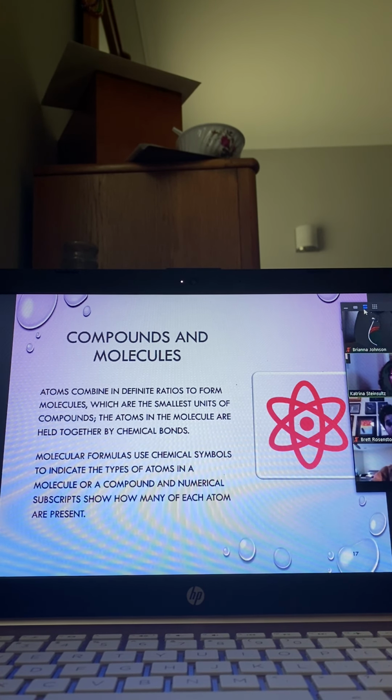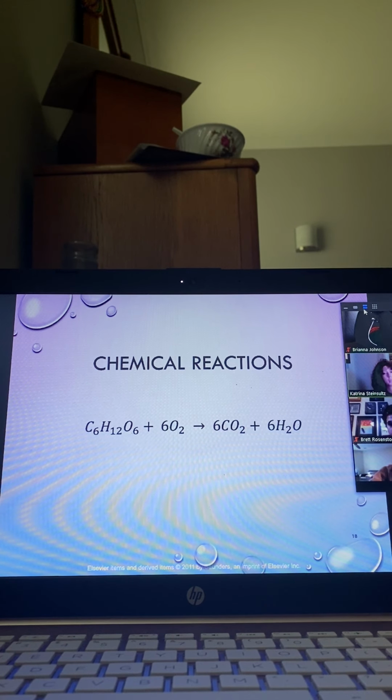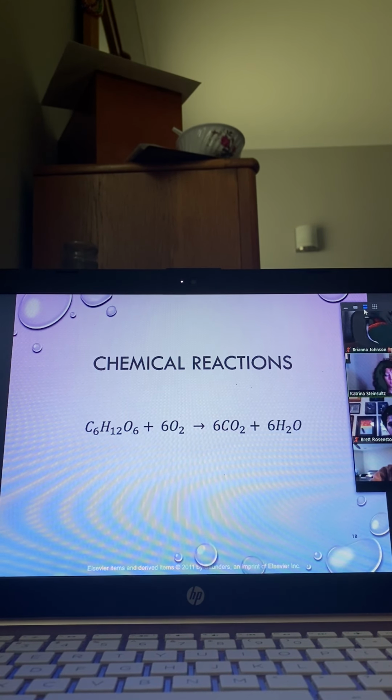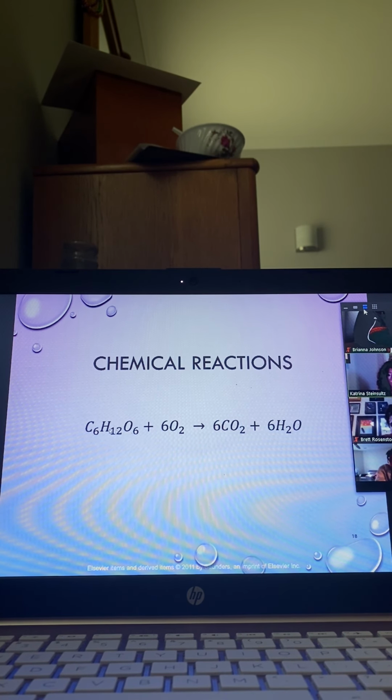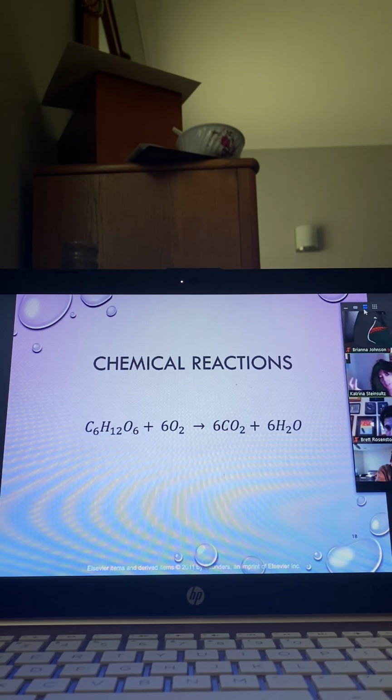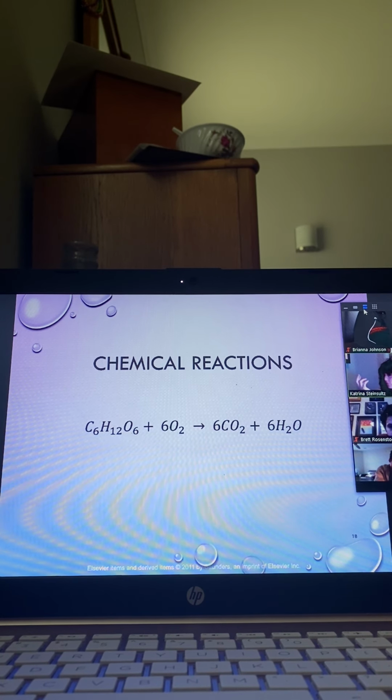I'm just going to jump to the next slide because this helps explain it a little bit more. But here we have a compound. We got carbon, hydrogen, and oxygen. So in this case, we have 6 carbons and 12 hydrogens and 6 oxygens. And it's coming all together to form, that's basically a glucose molecule. That's your energy source for the body.